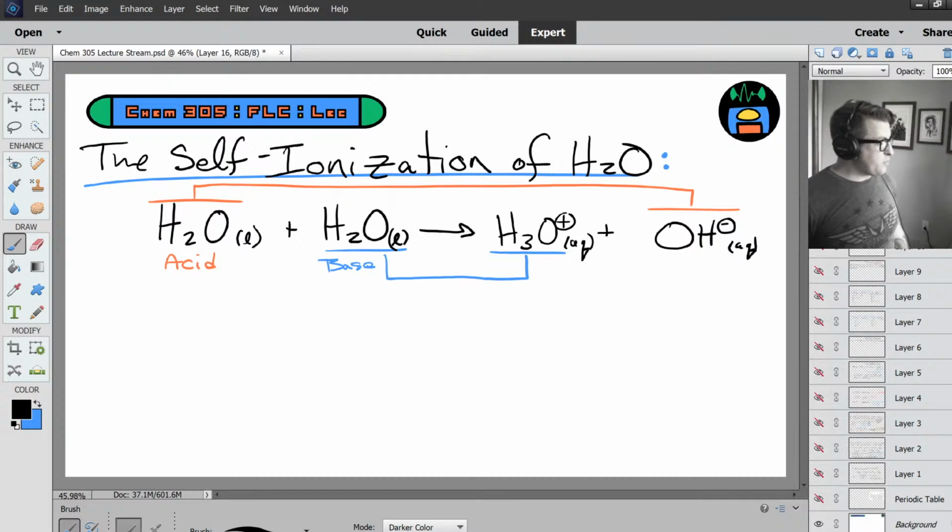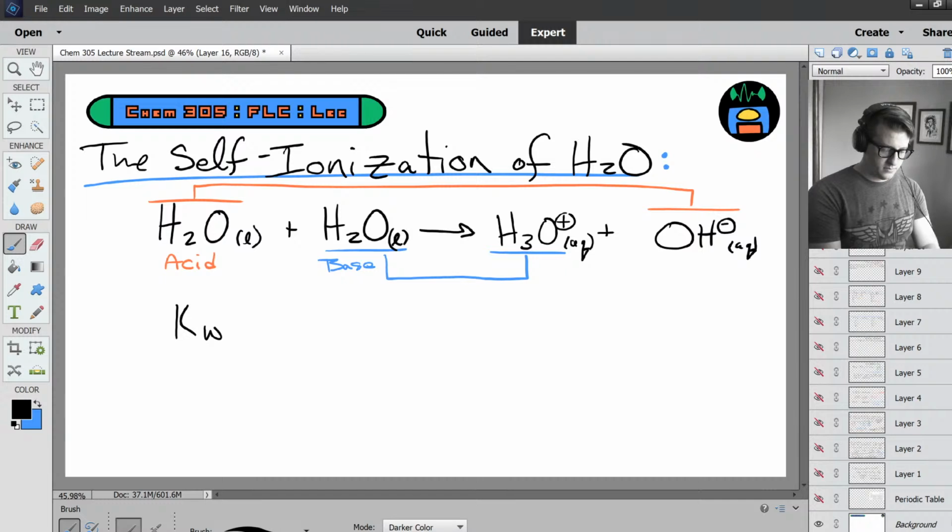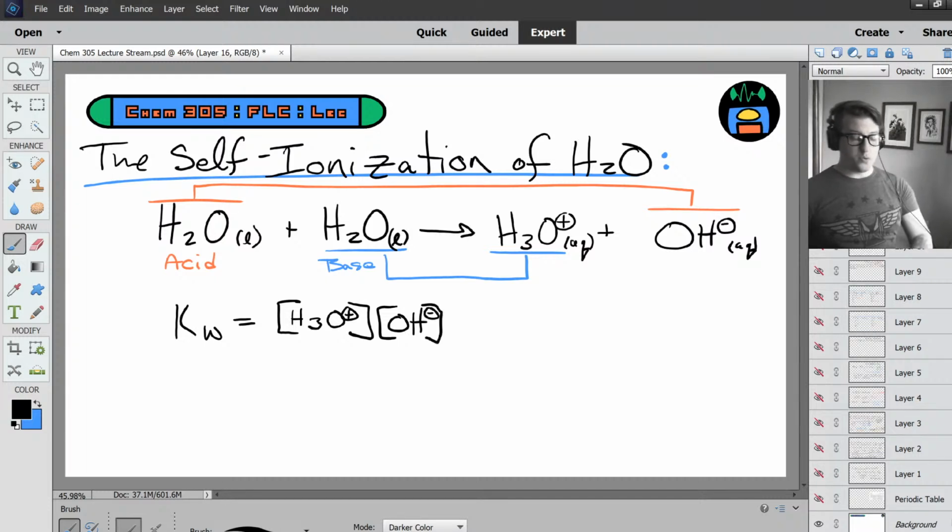All right. Now we can write an equilibrium constant for this reaction. It's called Kw because this is the water ionization constant, and it is products over reactants. So the concentration of hydronium times the concentration of hydroxide over 1.